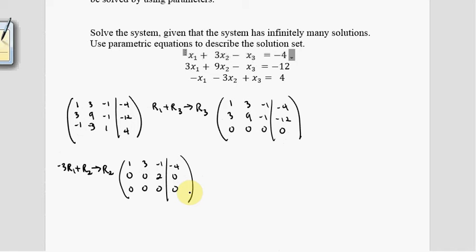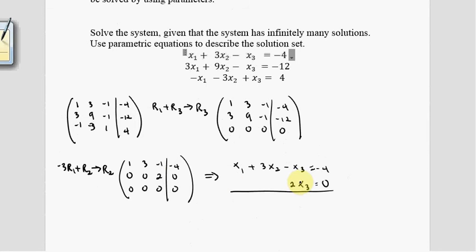So if I interpret what I have, this implies that this is x sub 1 plus 3x sub 2 minus x sub 3 is equal to negative 4. And then the second row says this is 2 times x sub 3 is equal to 0. So automatically I can go ahead and get x sub 3. What's x sub 3?